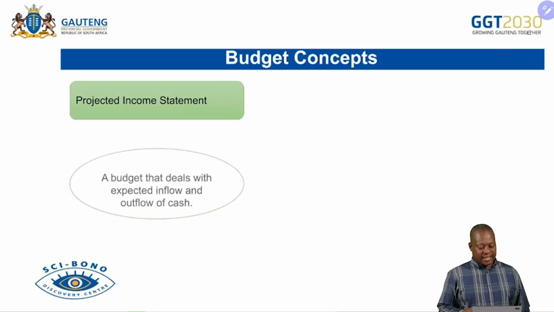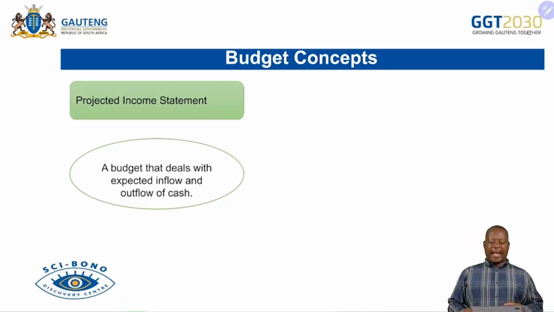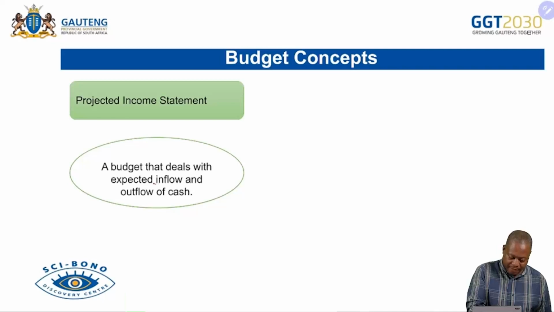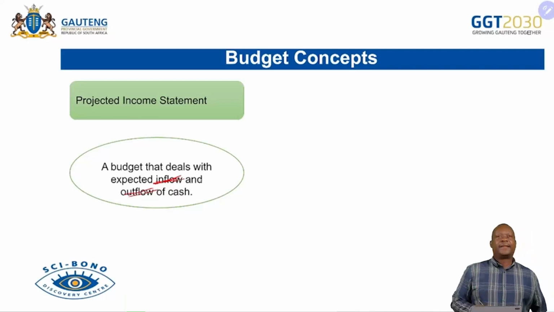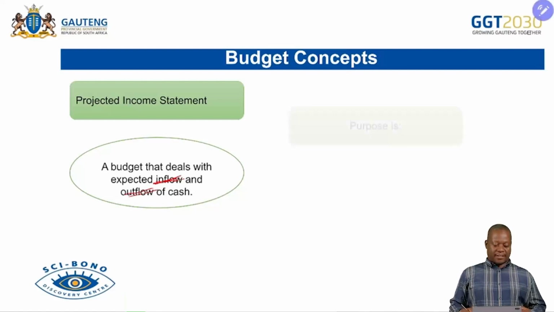Now, a projected income statement is a budget that deals with expected receipts and payments. Check here, they say inflow and outflow of cash. These are supposed to be the expenses as well as the incomes of a business.